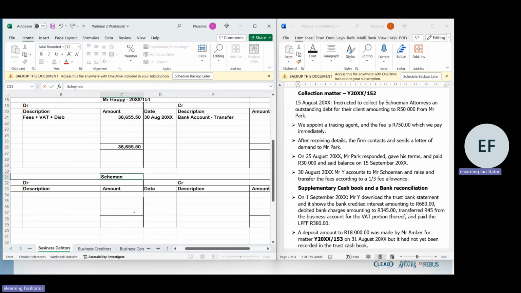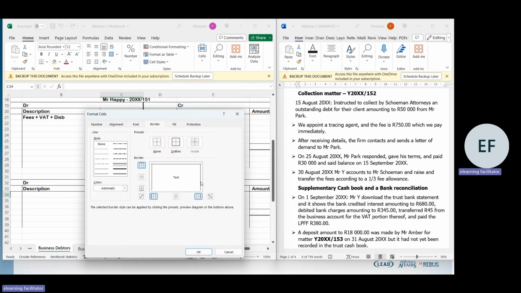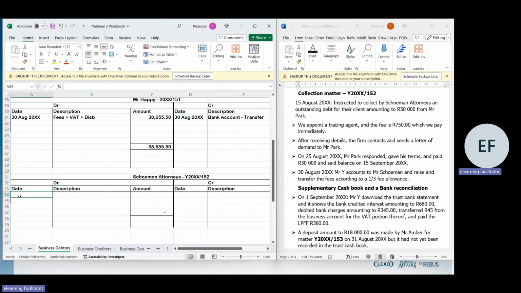Schoeman attorneys and matter Y20XX 152. And in this case, Schoeman attorneys is our debtor. We've paid, so we've done a credit entry. We've paid out of our account on the 15th of August. So we have to recover from Schoeman.